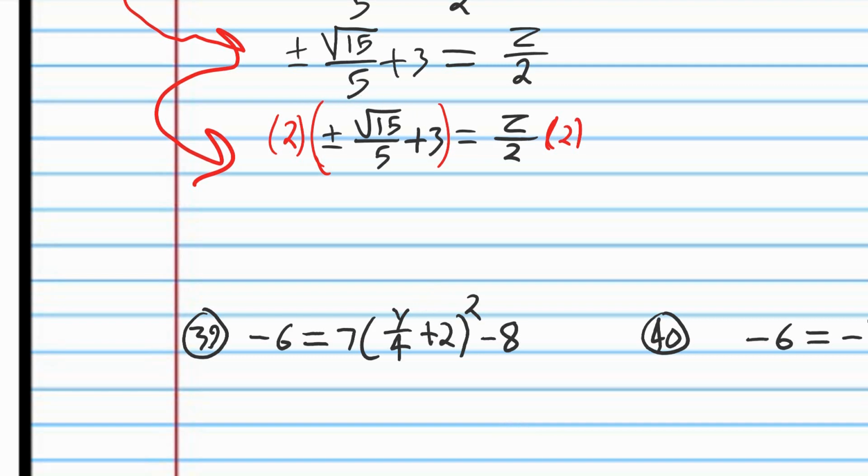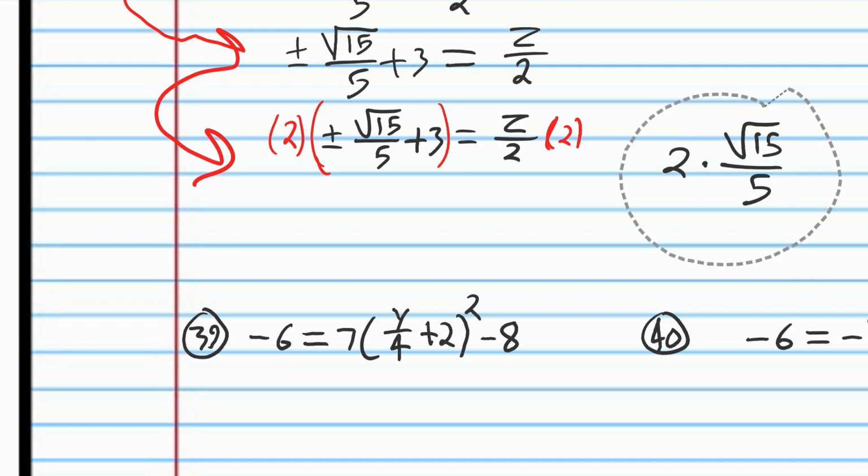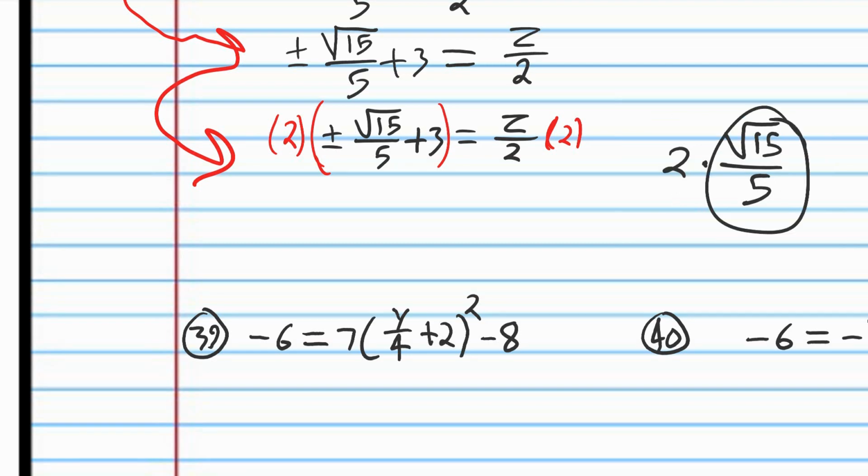So the distribution rule says that when you multiply a sum, you just multiply each term in the sum. So 2 times root 15 over 5. I'm going to use a dot here just so you know what's going on. You're multiplying a fraction by a whole number, and whenever you do that, remember, you just put 2 over 1, and then you multiply the numerators and multiply the denominators.